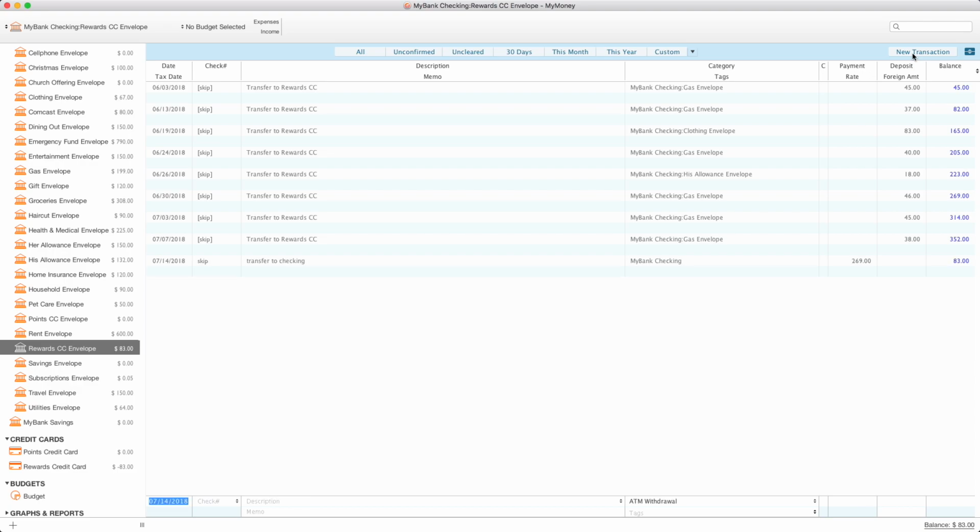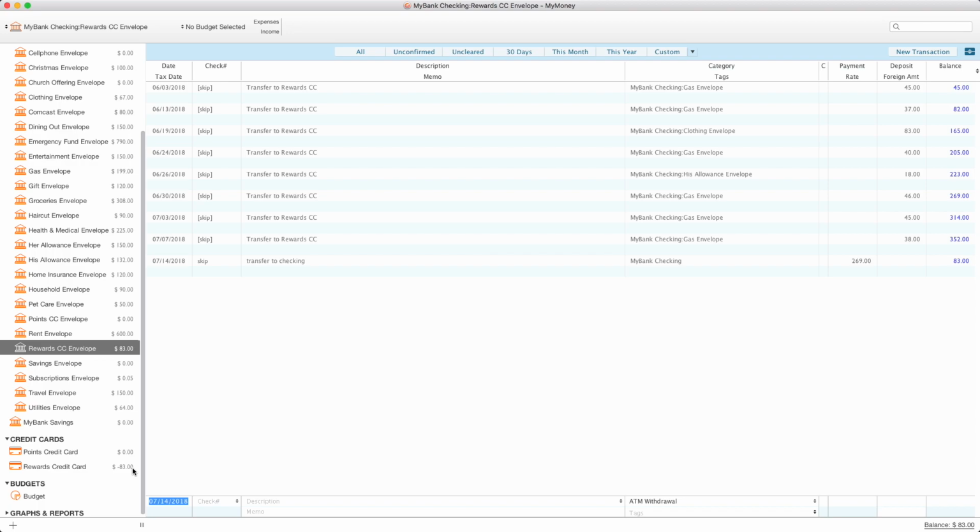All right, so now we've put that money back into the checking account to cover the $269 payment that we made to Rewards Credit Services Company, and we still have $83 in our holding account. That is the $83 that you can see down here that will be due next month for the purchases that we've made already.